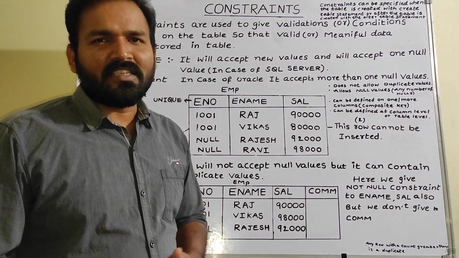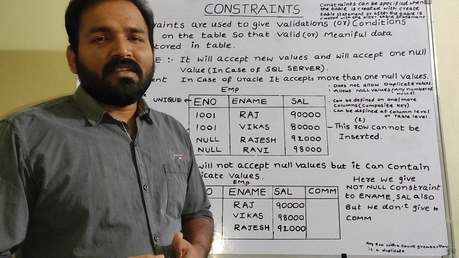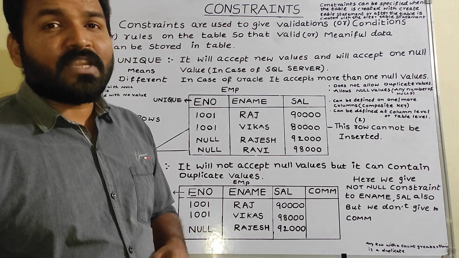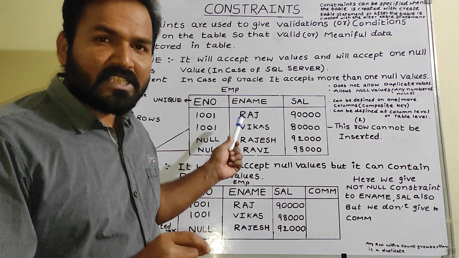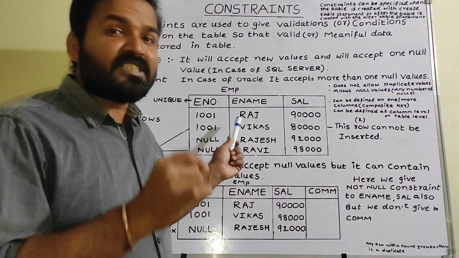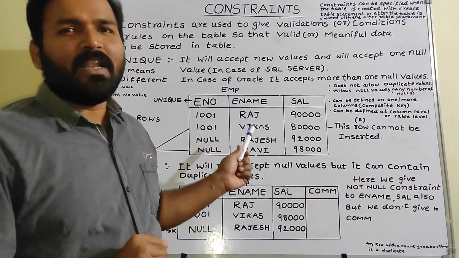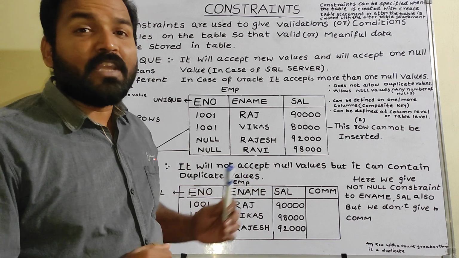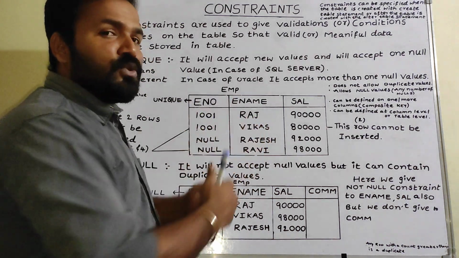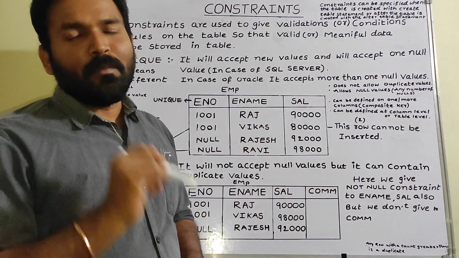Is it clear for all of you? Constraints are used to give conditions or validations or rules on the table so that valid or meaningful data can be stored in the table.